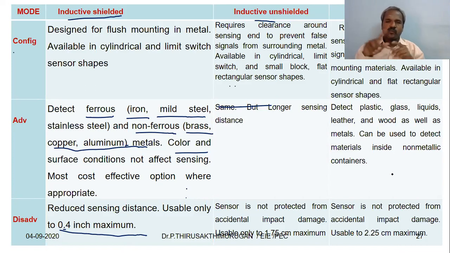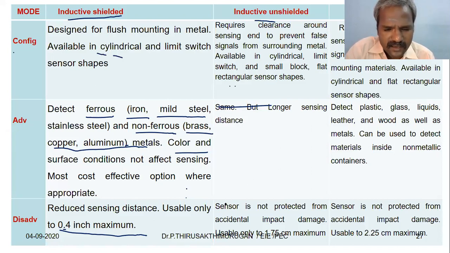1 inch is 2.5 centimeter, and 12 inches is 1 foot. So just imagine. Whereas here, the sensor is not protected from accidental impact damage and other things.